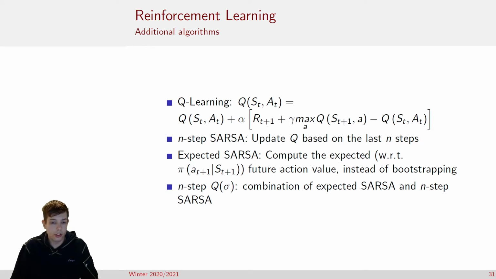One of the oldest is the so-called Q-learning, and this one looks, I think, much more familiar than maybe the algorithms we have seen, because it incorporates the maximum operator.